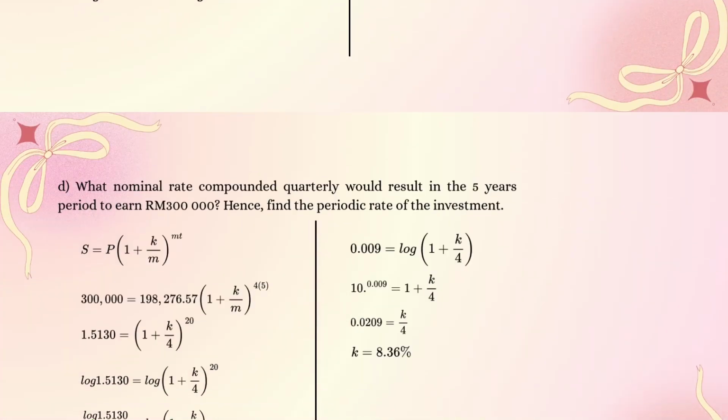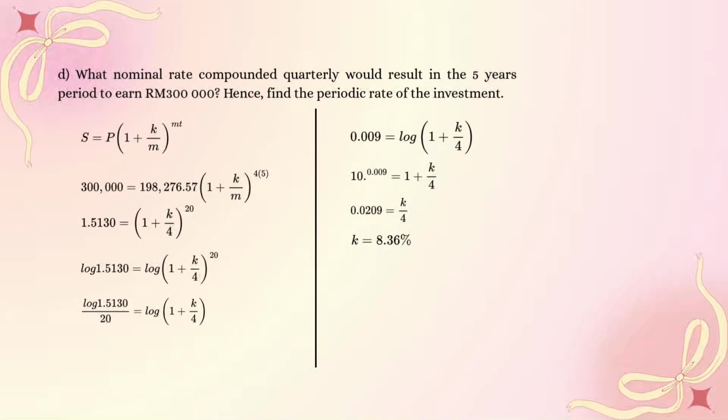Let's move on to question D. We want to find the nominal annual interest rate compounded quarterly that will grow Maria's investment to 300,000 ringgit in 5 years. Again, we use the compound interest formula, which is S equals P times (1 plus i) to the power of n. To calculate i, we divide k over m, and n is m times t. From the information given, we know that S is 300,000 ringgit and P is 198,276 and 57 cents.